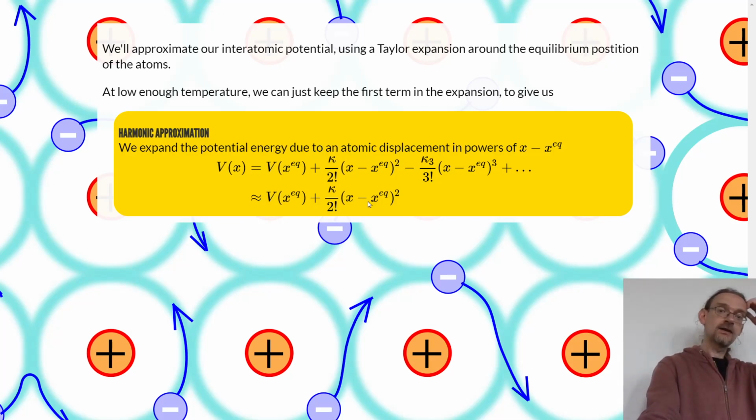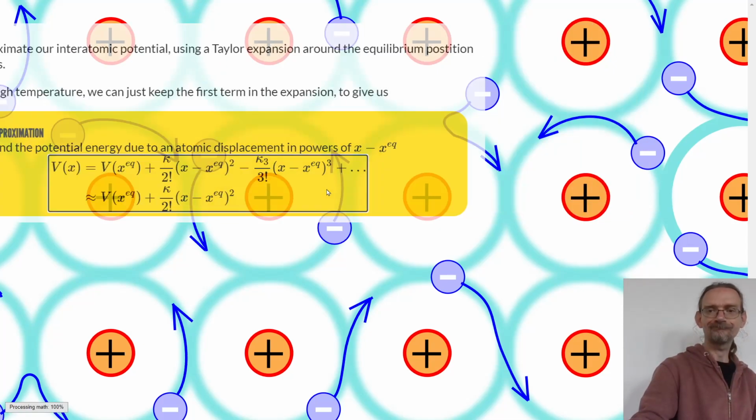That means that the energy changes quadratically as we move the atoms away from their equilibrium position, and it's equivalent to a force that's linear in the displacement. So there's some effective spring constant, which we'll call kappa, as we move the atoms.